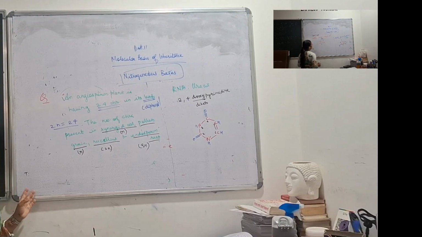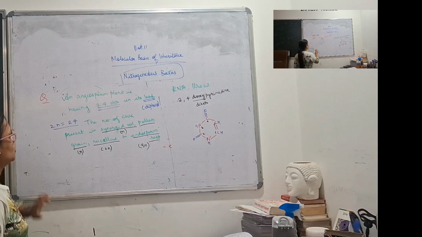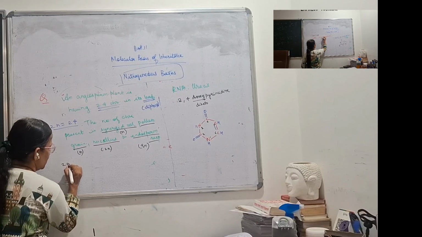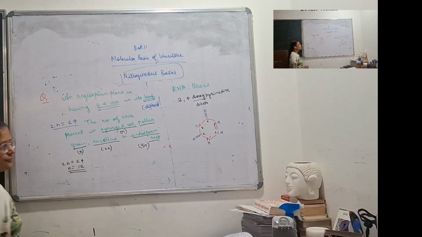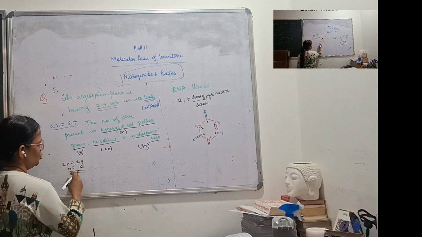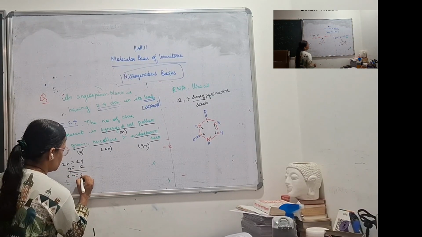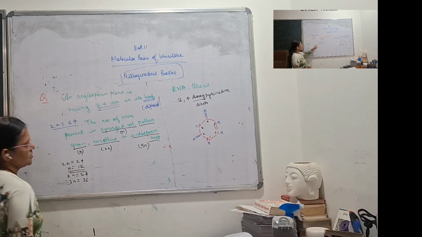We have studied ploidy, aneuploidy and euploidy. So 2n is equal to 24. Now since 2n is equal to 24, n will be equal to what? 12. n will be 12, 2n will be 24, and 3n will be 36.